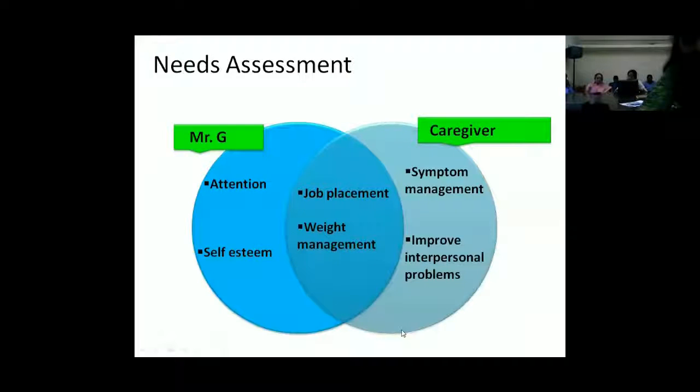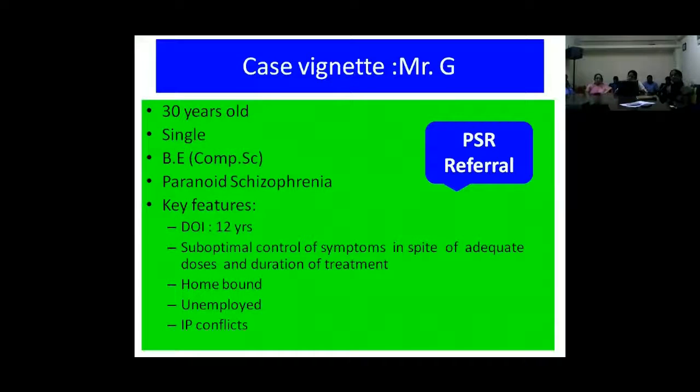Personal factors like early onset and long duration of illness, multiple breakthrough episodes while on medication, and family factors such as interpersonal problems related to the illness and financial instability contributed a lot to Mr. G's condition. He was referred for rehabilitation and was motivated to cooperate with the rehabilitation plan.